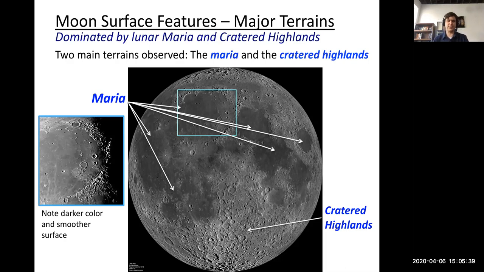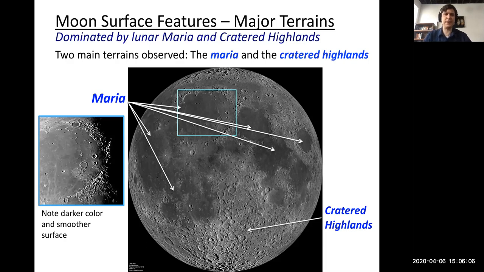We are very creative with how we name different regions. So we have the lunar cratered highlands. These dark regions, the regions that are darker, roughly round in shape and relatively smooth, devoid of craters. When people first started to look up at the moon and you could see the color variations, and people were no longer thinking it was an optical illusion, they wondered, what are these darker regions on the moon?